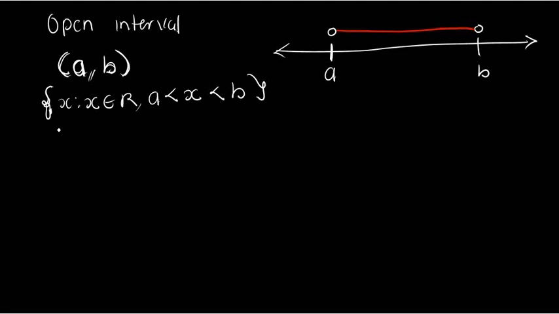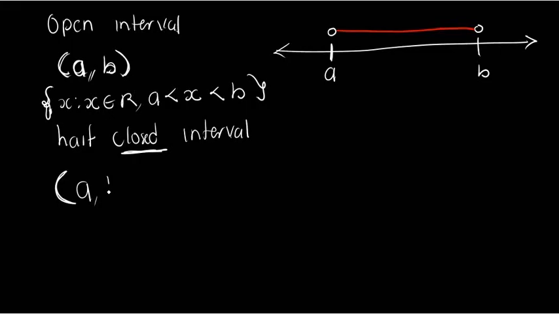Then we have what we call the half closed interval. This means that one part is closed. So you have it open this side, and that side is closed. When it's closed, we put a square. This is the square that you're seeing here.